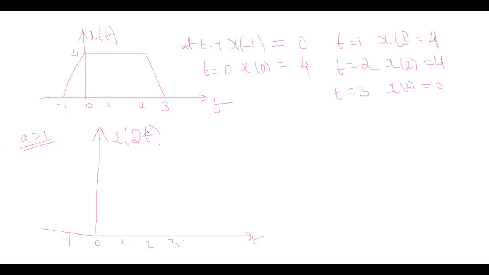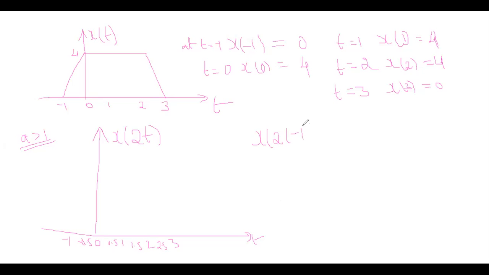Now I am taking x of 2 into -1, and -0.5 also, and 0, and in between there is 0.5, 1.5, and here 2.5. Following, my dear students: 2 into -1.